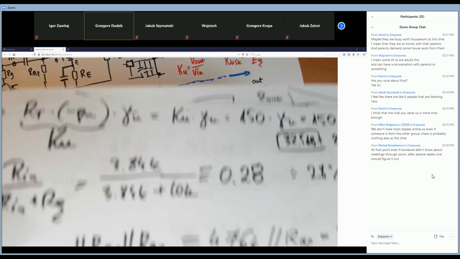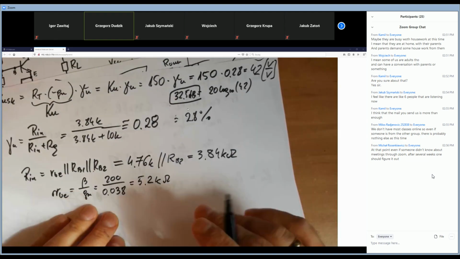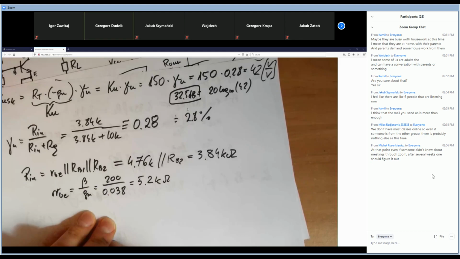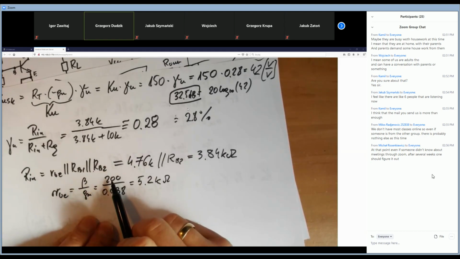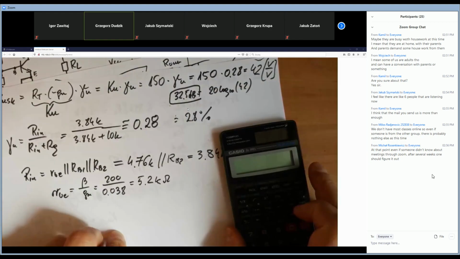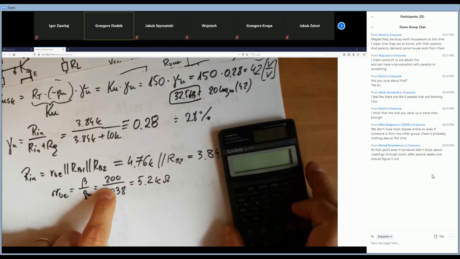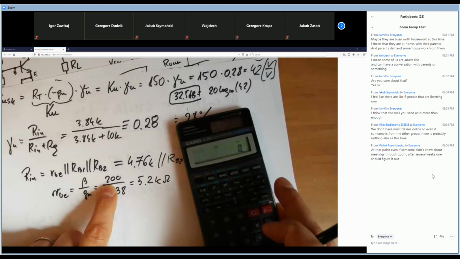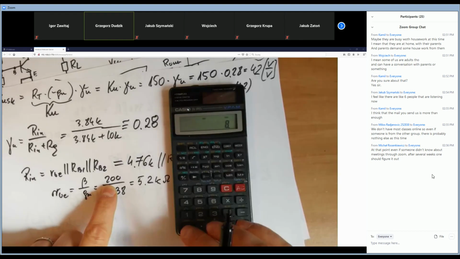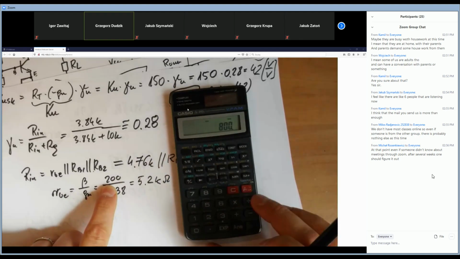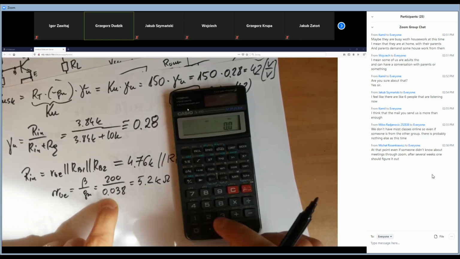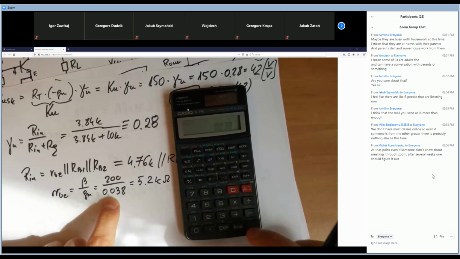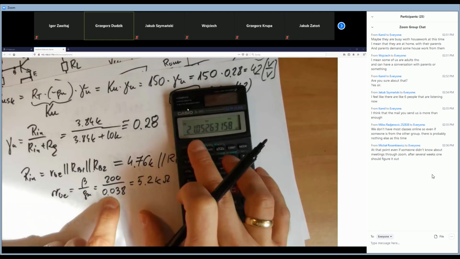Yeah, look, 2.5 kilohms. Of course, it depends on the beta. So the question is, if you replace the transistor with a higher beta, like 800, over the 0.038, because look, we've got 21 kilohms.